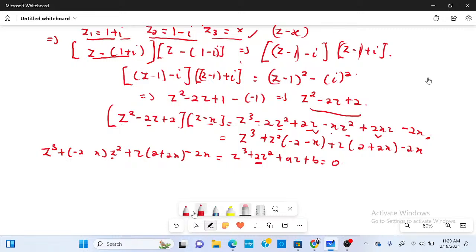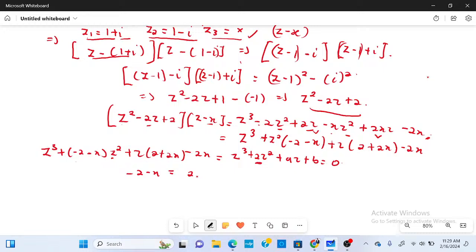So I'll have my negative 2 minus x here. So meaning that the coefficient of z squared should be equal to the coefficient of z squared by equality. So negative 2 minus x should be equal to 2 at this side, right?